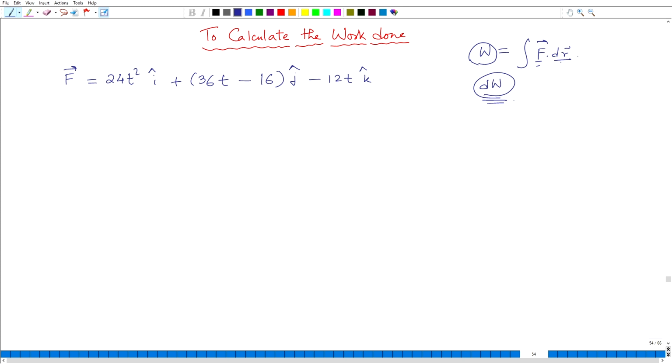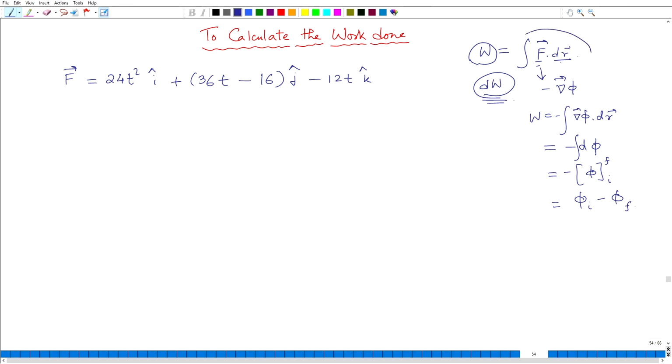But if your force is written as minus gradient of phi, once again minus is just a conventional thing, it can be plus as well, then your total W will be the integration over minus gradient of phi dot dr, which is equal to minus the integration of d phi, and this is nothing but minus of phi final minus phi initial. So, it is nothing but phi initial minus phi final.